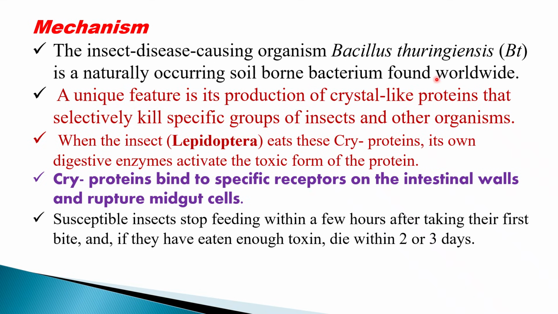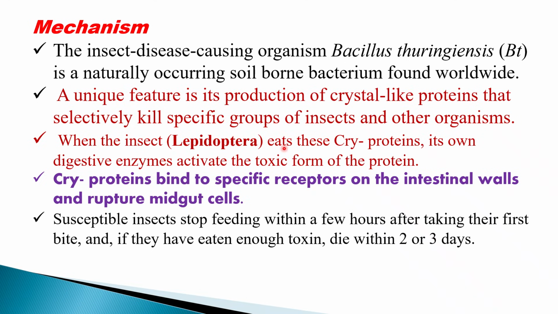First of all, we have to isolate the genes from Bacillus thuringiensis, that is the cry genes. CRY, that is cry. A unique feature is the production of crystal-like proteins that selectively kill specific groups of insects and other organisms, because cry has the quality to kill insects as well as other organisms.